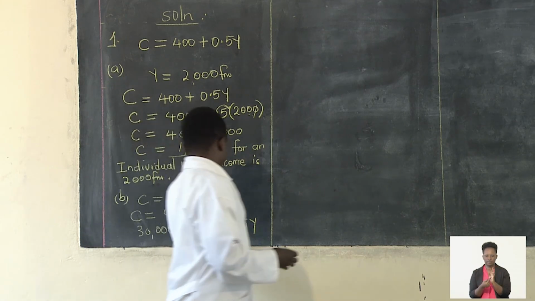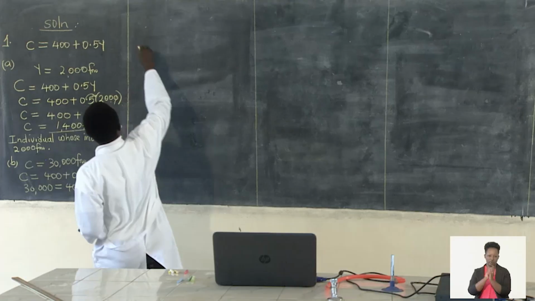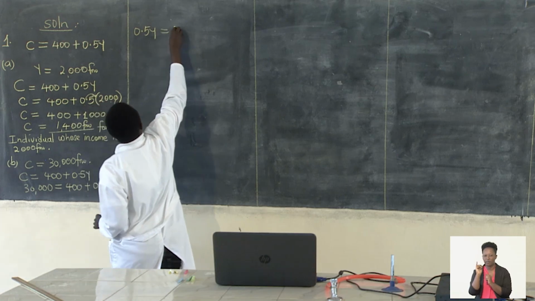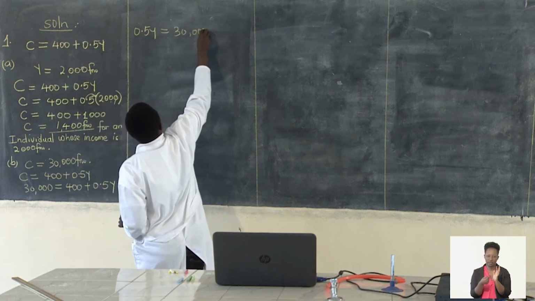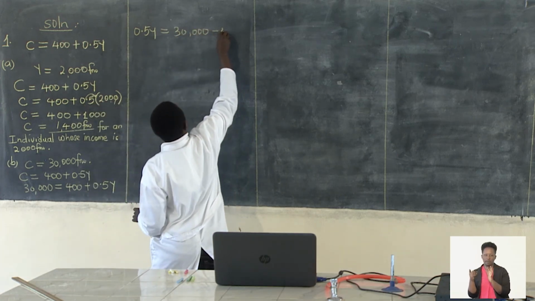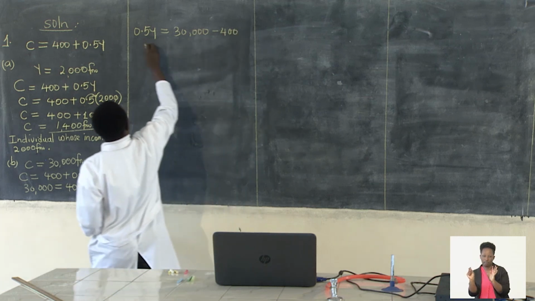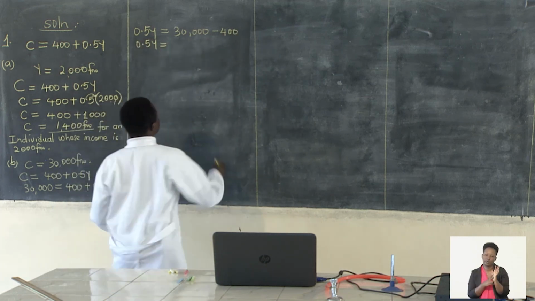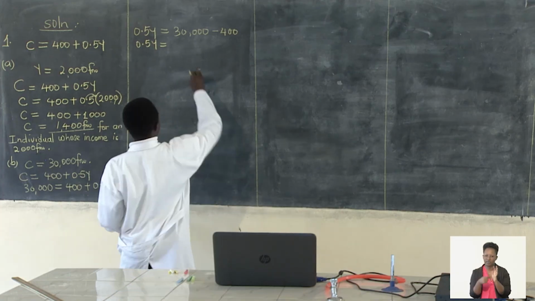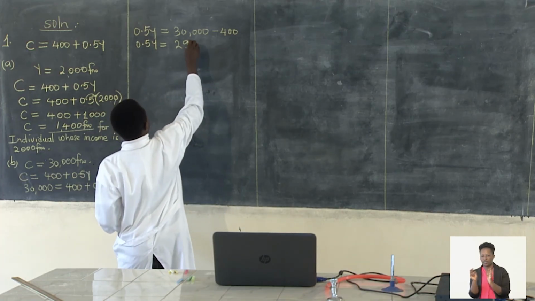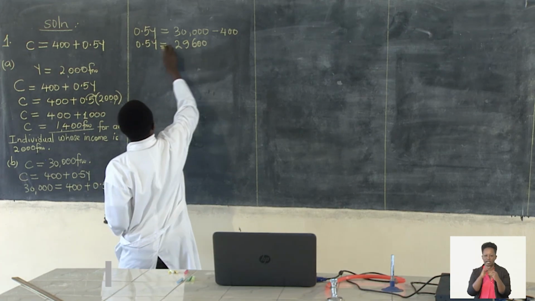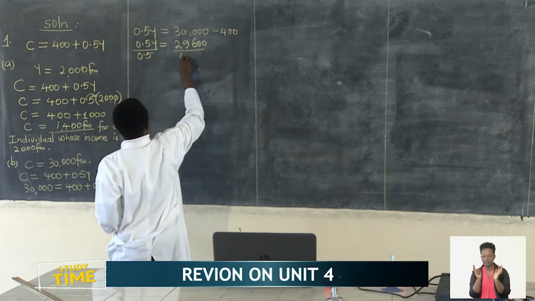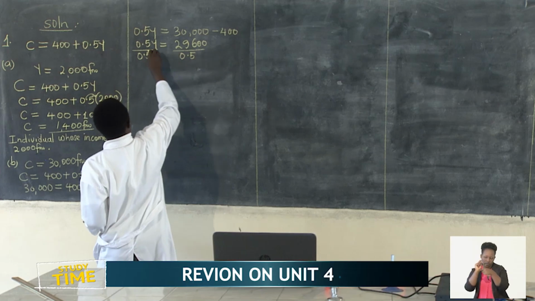So in this way now, you will collect like terms together. So 0.5Y will be equal to 30,000, then you take away the 400. So our 0.5Y will be equal to, if you get 30,000, then you take away 400, remain with 29,600. So we can divide by 0.5 such that we get our disposable income.